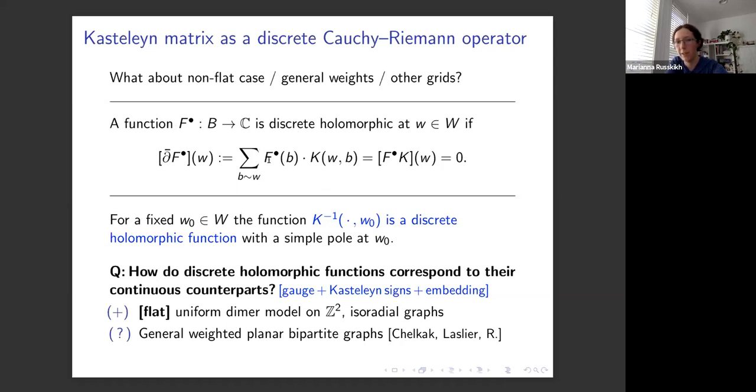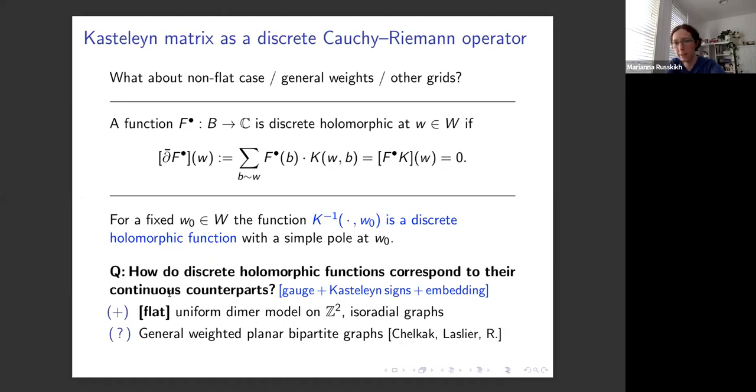The question is how this discrete holomorphic function corresponds to the continuous counterparts. So we also want our embeddings to have a nice version of the discrete holomorphic functions on it. This is another property for our embeddings which we want to hold.